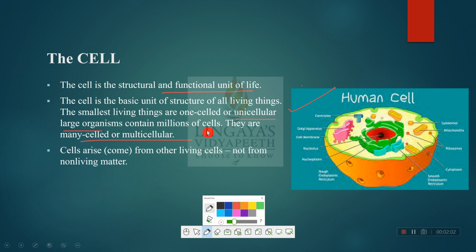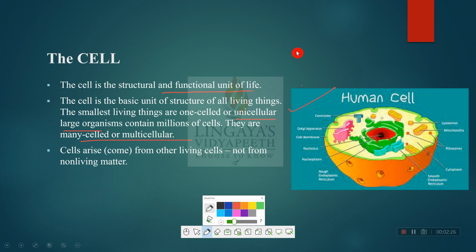If an organism has a single cell, then it is termed a unicellular organism, and if it has multiple or millions of cells, then it is called a multicellular organism. Cells arise from other living cells and do not arise from any non-living matter.